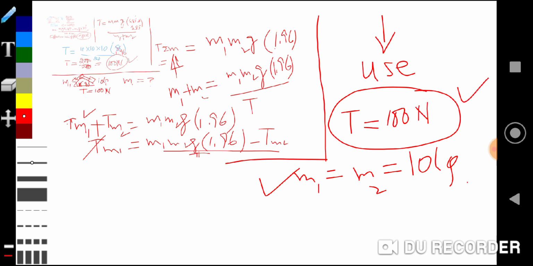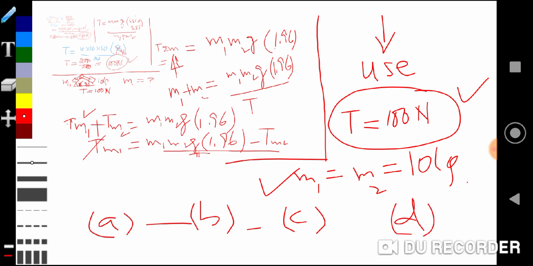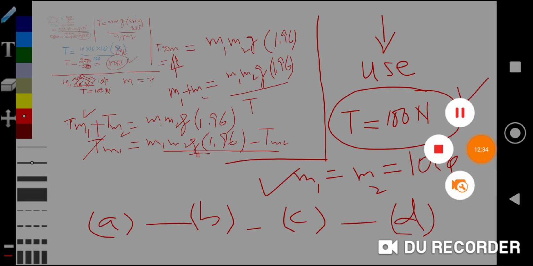If it matches with the given, then you will have to focus instantly on the given options of the question, and you will readily approach the correct answer. Hope, my students, you might have understood this.